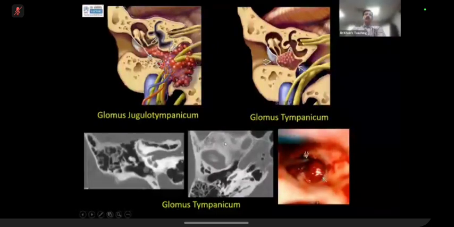What is the concept? Glomus tumors are chemoreceptor cells along the carotid sheath. So please remember they are in the carotid space. Now the location can be in head and neck, and there can be 4 different locations. When it is at the bifurcation of the common carotid artery into internal and external carotid artery, we call it a carotid body tumor.